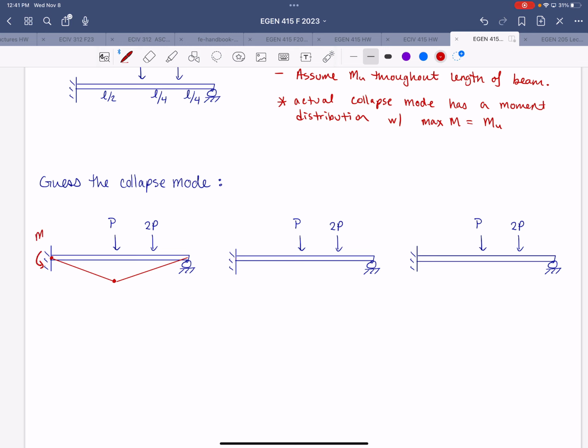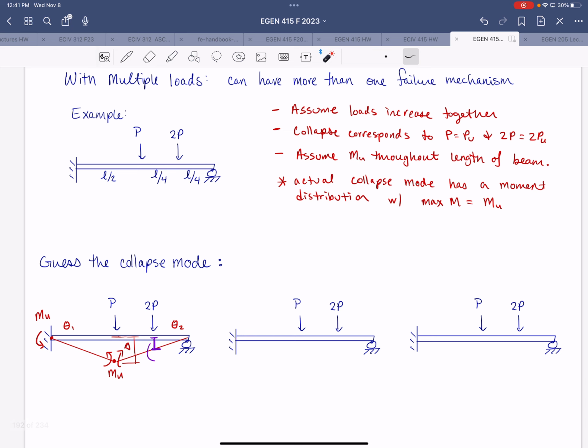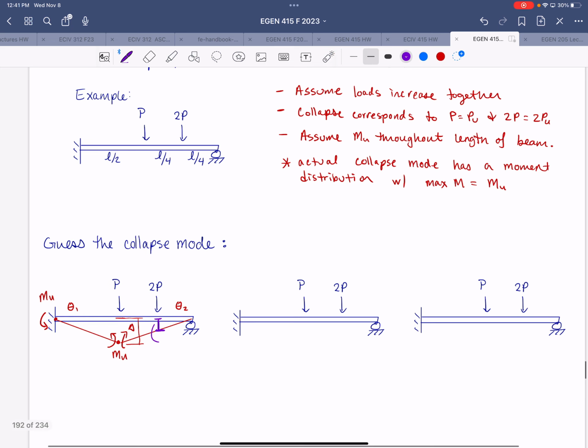All right, so we'll have a moment Mu at the hinges, and we'll have theta 1 and theta 2, and we'll have our delta under the load P, and then under the load 2P, because we have to consider that as well for the work done, we need to know this value. So based on the geometry provided, we can determine that this distance is going to be delta over 2.